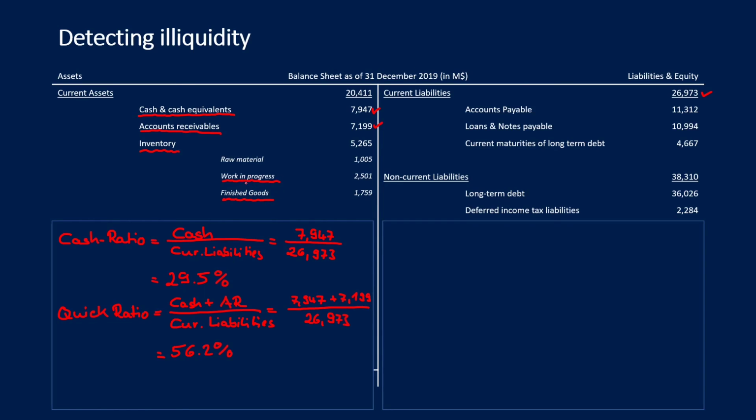Because the cars are now on the assembly line, sooner or later they will become finished goods. Out of finished goods, we will have some accounts receivables, and out of accounts receivables we will have cash, and that will happen in less than 1 year.